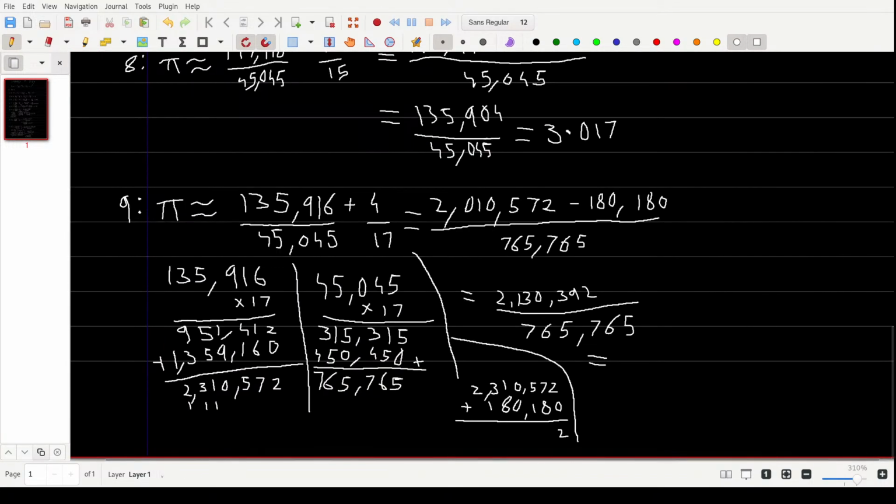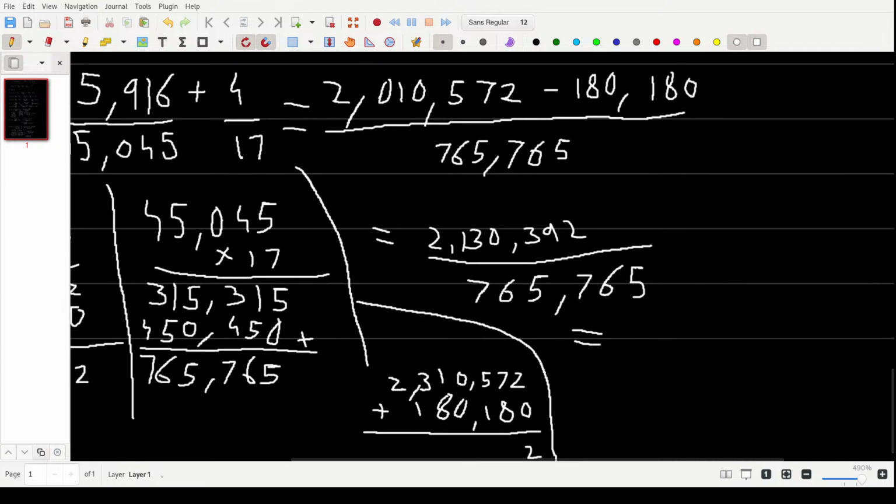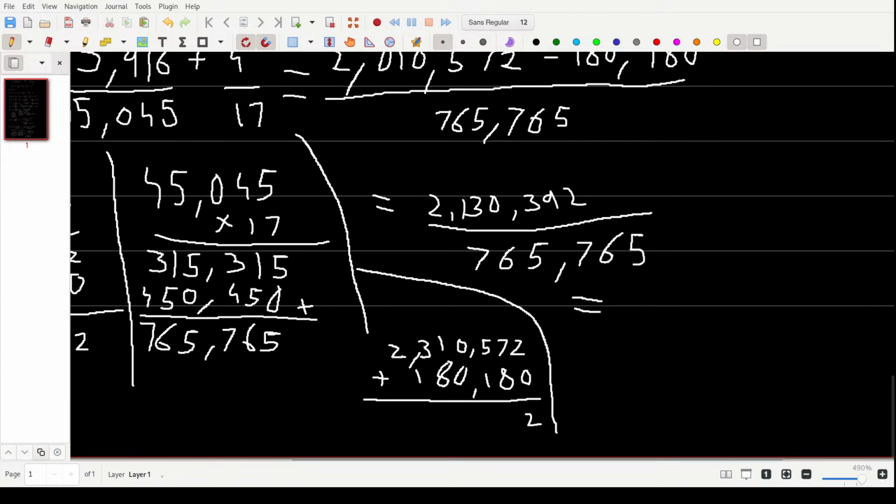It has to be alternating. So that's 5. That's 1. You carry the 1. 7. That's 7. This is 0. This is 9. This is 4. This is 2. There we go.